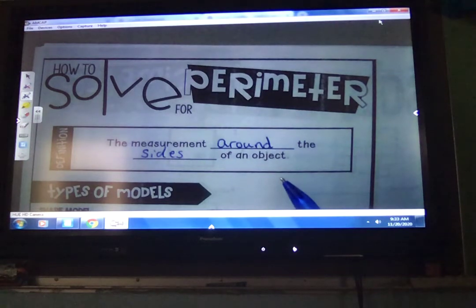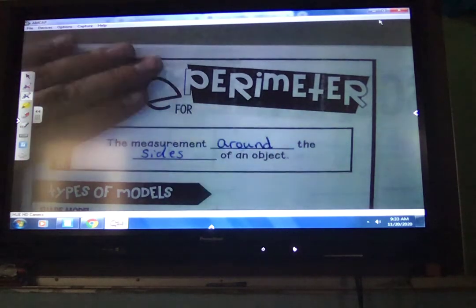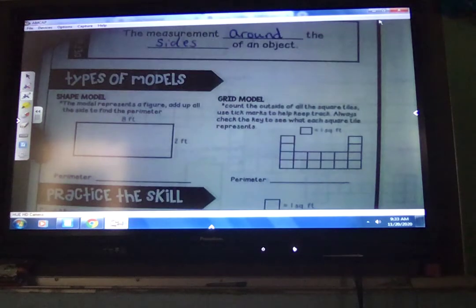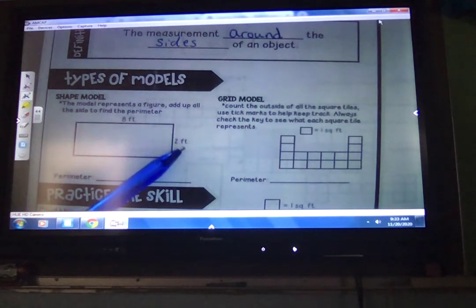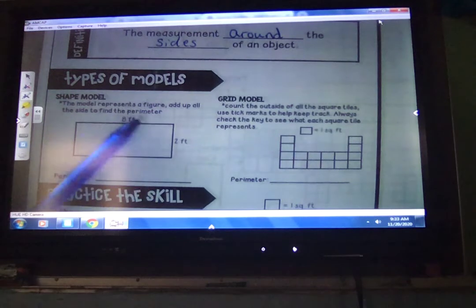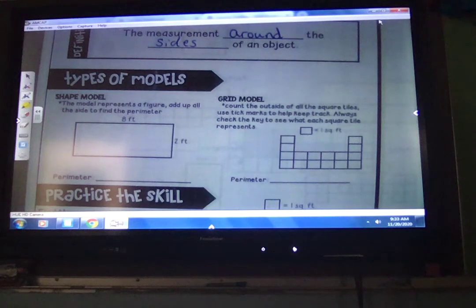That's perimeter. So for example, you have a rectangle. Now we learned when we studied about quadrilaterals that a rectangle has 4 sides. But what you should notice is they've only written a number on 2 of these 4 sides. But we have learned to find perimeter, you have to walk around all the sides. Perimeter is the fence that goes all around.